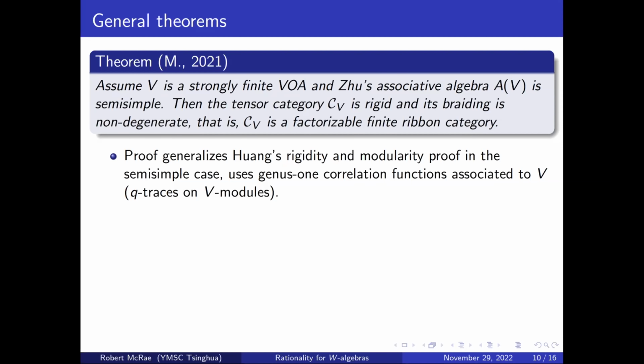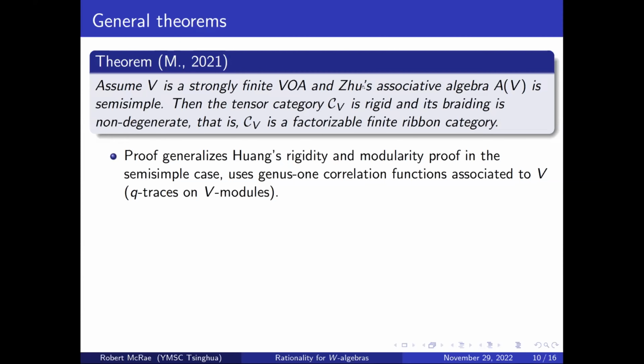The proof uses many of the same elements of Huang's proof of modularity in the rational case, the case that V is strongly rational. In particular, I won't go into the details really, but the main tool is the genus 1 correlation functions in the conformal field theory that's associated to V. So these are Q traces or traces of vertex operators acting on V modules.